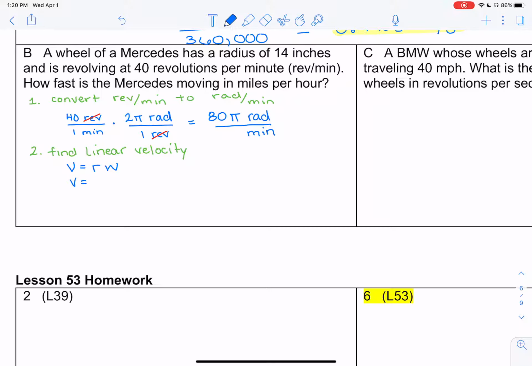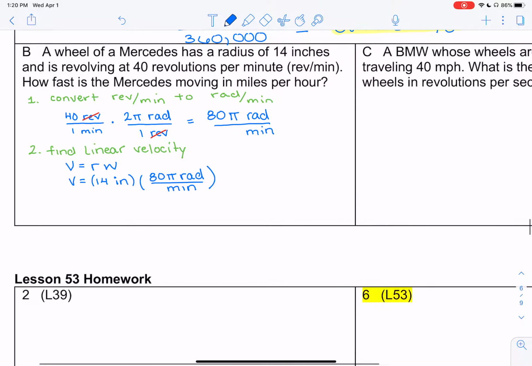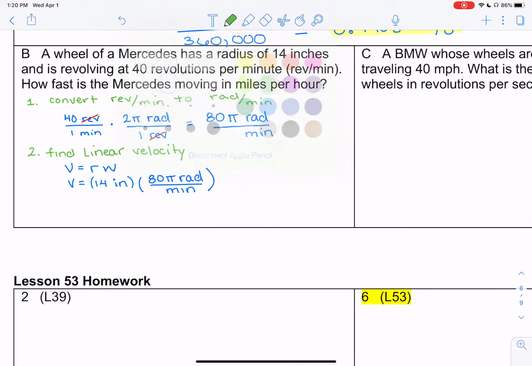So the radius given is 14 inches. And remember that we just worked on our angular velocity, and that is 80 pi radians per minute.